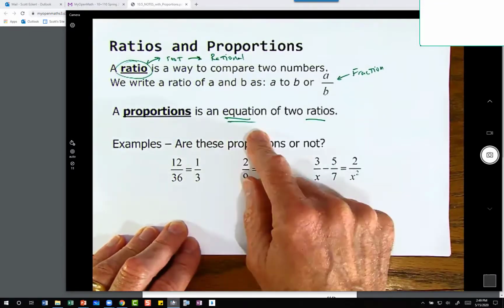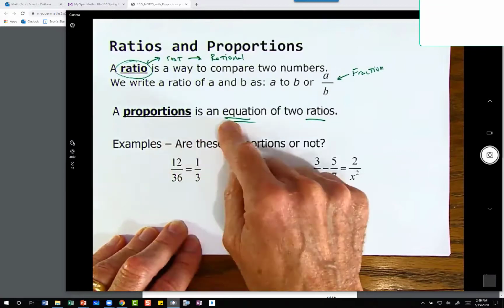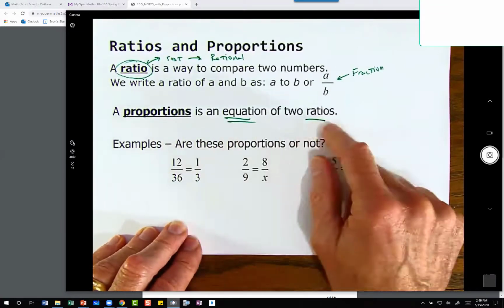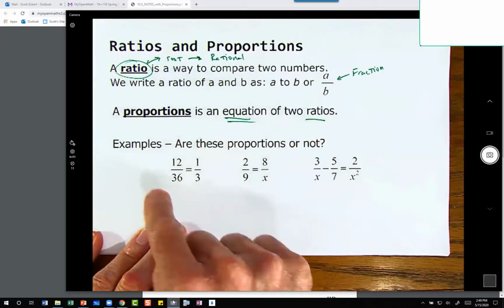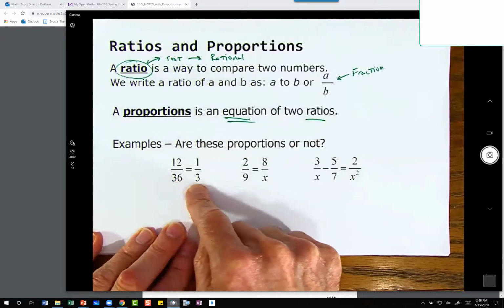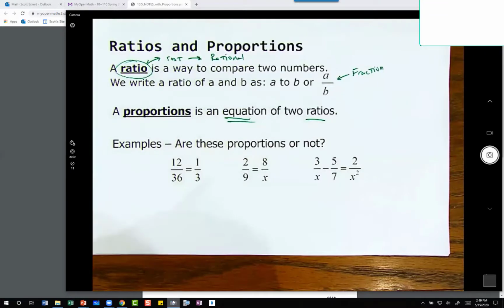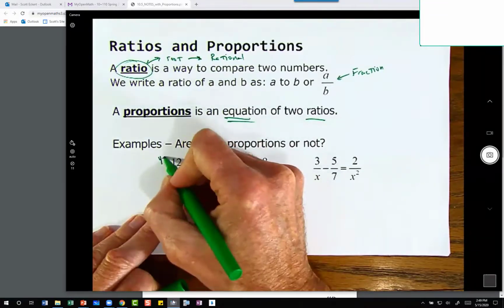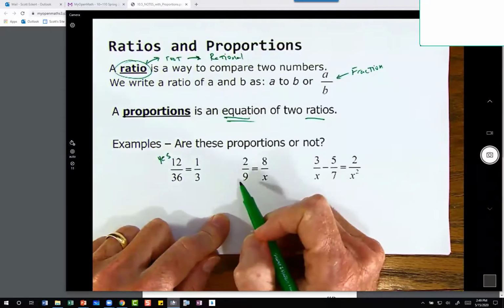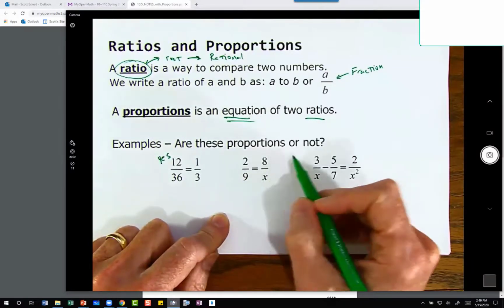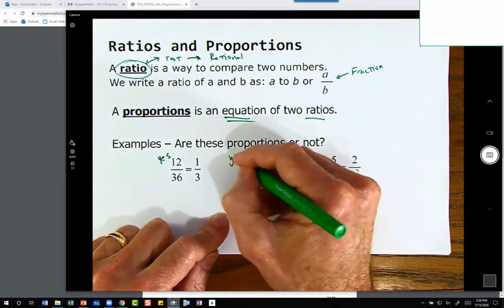Proportions are equations, but proportions are equations with 2 ratios. How many ratios does this have? 1 on the left, 1 on the right. So yes, this is a proportion. How about the middle one? There's a fraction on the left, a fraction on the right. The answer to that is yes, that's a proportion.